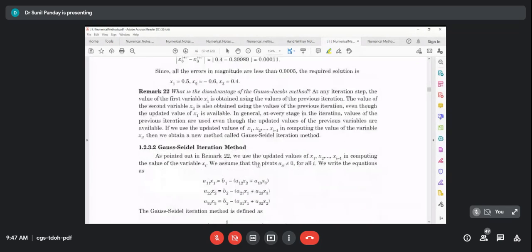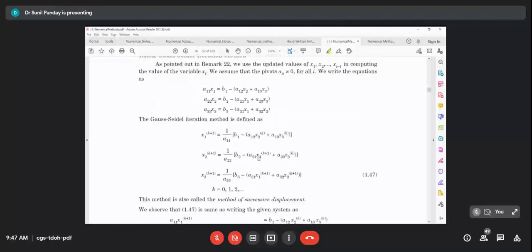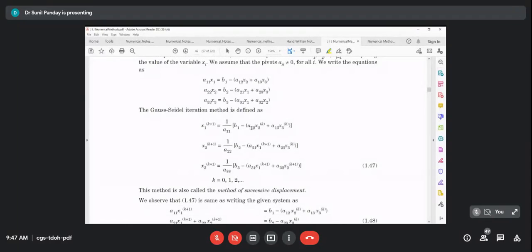Now we will see our Gauss-Seidel iterative method. The Gauss-Seidel iterative method is the same, and the iterative steps are almost the same, but there is a difference. You can see that when we get the k plus 1th updated value of x1, we are using the x2 value and x3 value at the kth iteration.